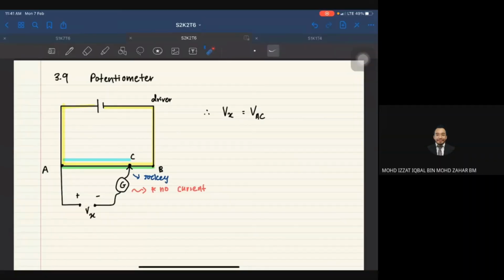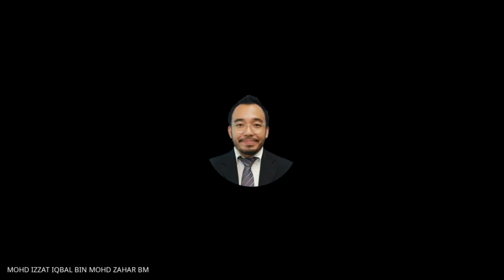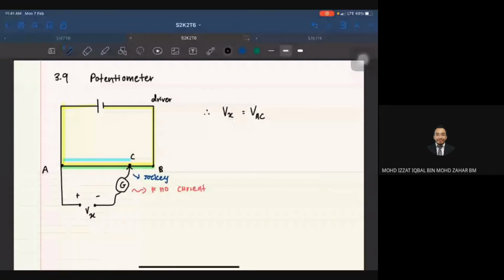So galvanometer balance ni maksud dia adalah, kita ada galvanometer. Kamu tahu tak apa beza galvanometer dengan ammeter? Apa beza dia? You can tell me the difference between galvanometer and ammeter.